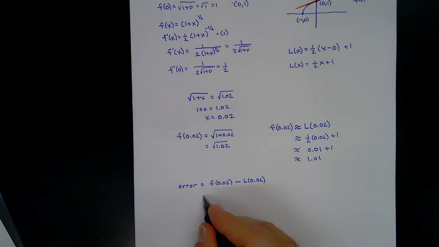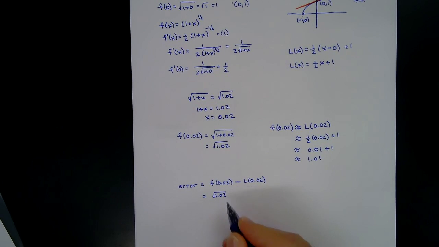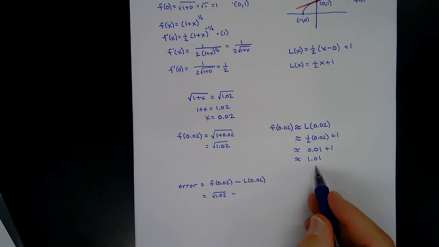Which is equal to, now we're gonna need a calculator to do this, okay? This would be the square root of 1.02, because if you put 0.02 into the function, you get 1.02. And we already calculated this is 1.01.